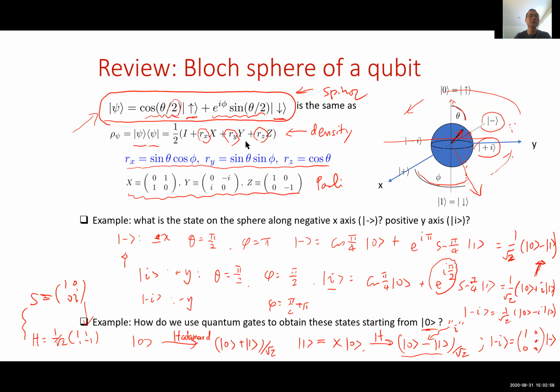Second message: is considering only one such system equivalent to taking the trace out of the other system? Yeah, this is a very good question.